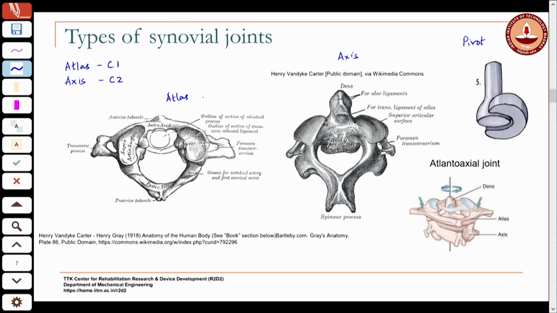So, it is the most superior vertebra, the atlas, and then you have the axis. The axis has a projection called the dens, or the odontoid process, and the atlas has a cavity like this.